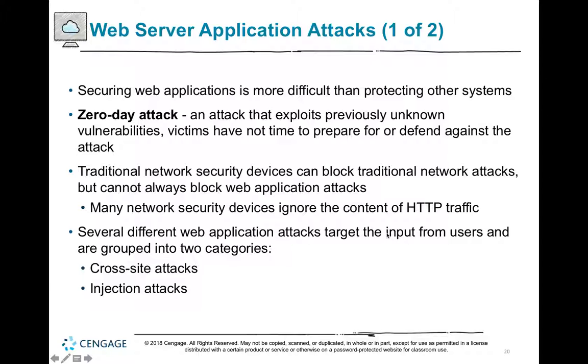The point here is that you need to have something else in place that inspects HTTP traffic, looking for known signs of attacks, like cross-site attacks and injection attacks, which you conduct through user inputs in forms on web pages.